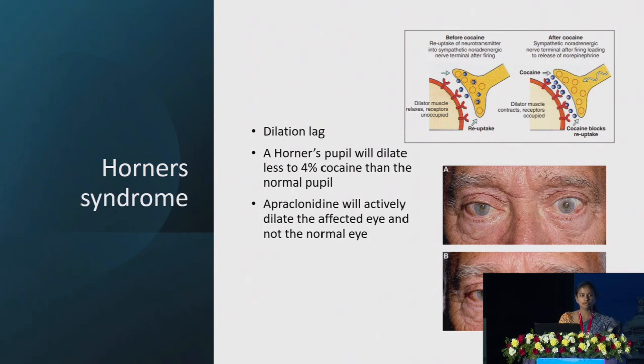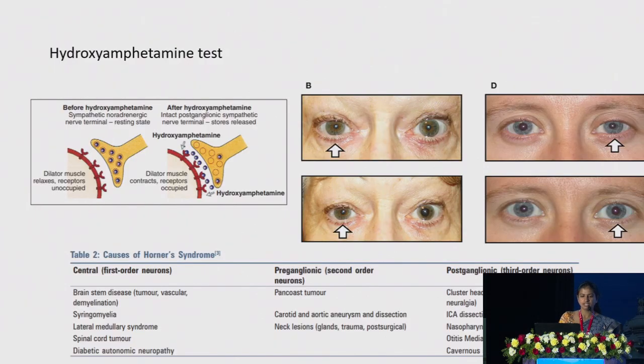If you apply 4% cocaine to the abnormal eye, it will dilate, but less than the normal pupil. Whereas apraclonidine will immediately dilate the affected eye, while the normal eye will not dilate. The hydroxyamphetamine test is done to localize the site of the Horner's syndrome, which can be preganglionic or postganglionic.